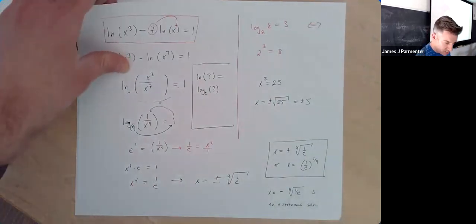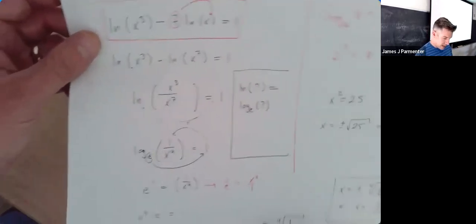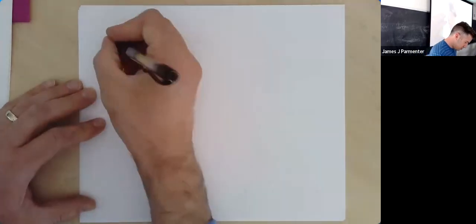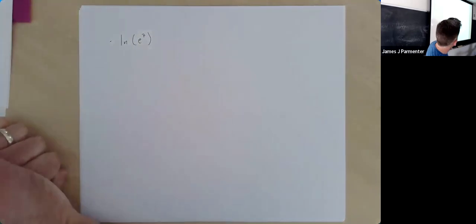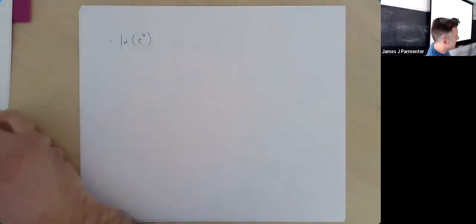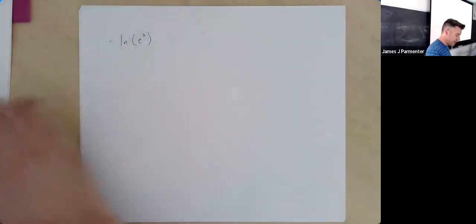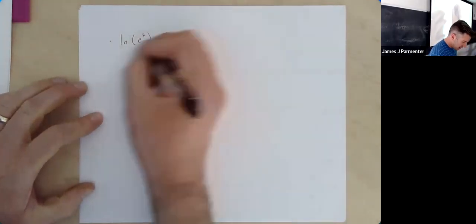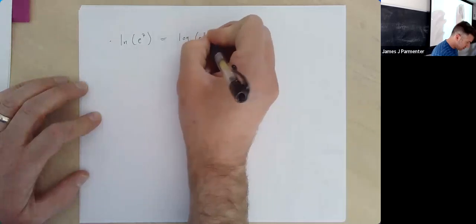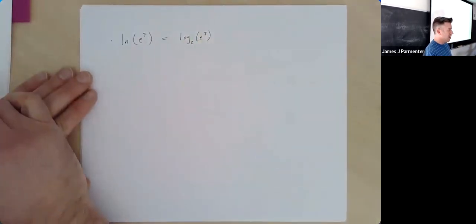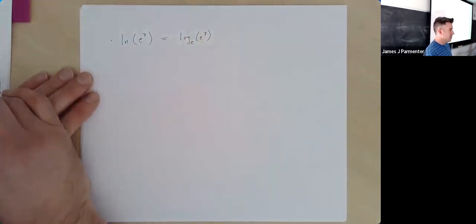For example, what's the natural log of e to the 7th power? Well, it's easier to know what this is if we remind ourselves that the natural log is really just the log with base e. And then you're saying e to the what equals e to the 7th.